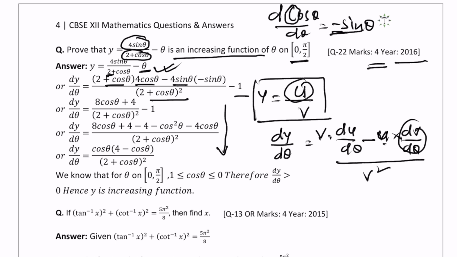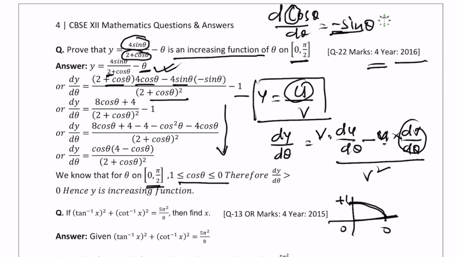Now in the range 0 to pi by 2, what is the value of cos theta? Cos 0 is 1 and cos pi by 2 is 0, so it lies between 1 and 0, correct? The graph of cos in the range 0 to pi by 2 looks like this. The value of cos 0 is 1 and cos 90 is 0.